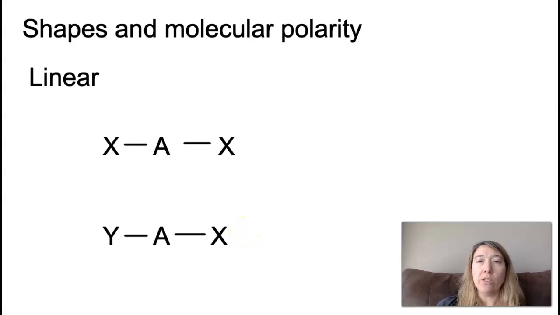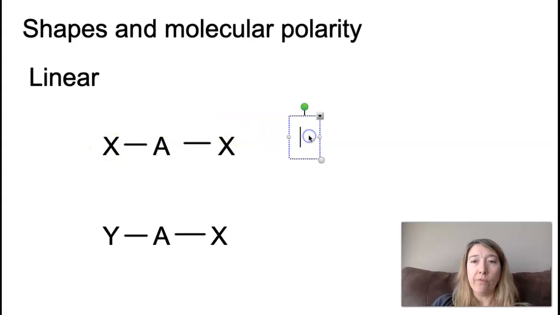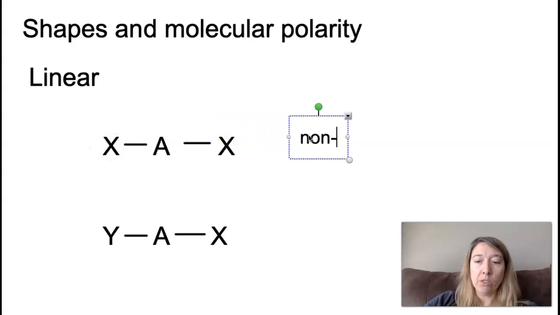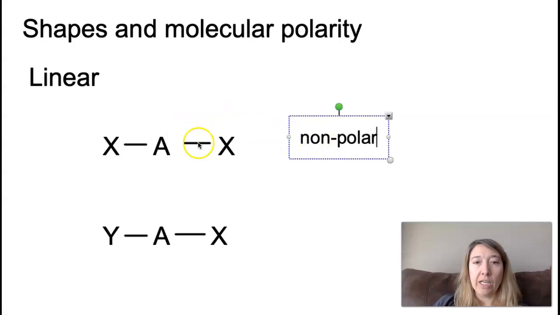When both of these are the same, we're going to find that this molecule is always going to be nonpolar. Even if these bonds might be polar, they're going to pull in opposite directions and they're basically going to cancel each other out, right?